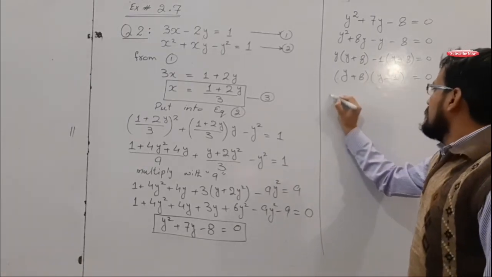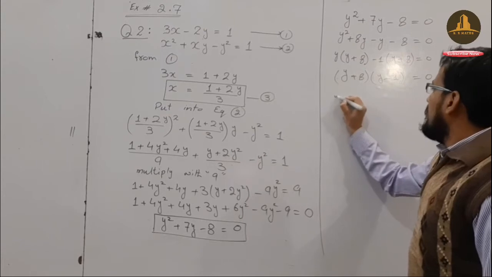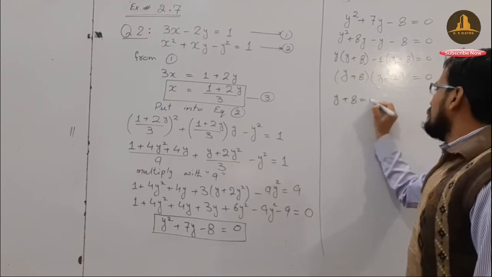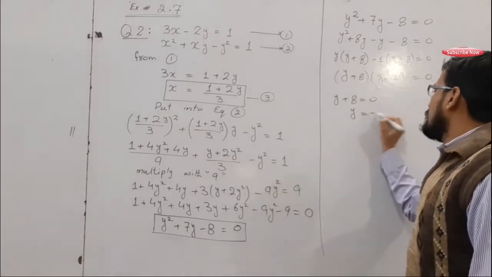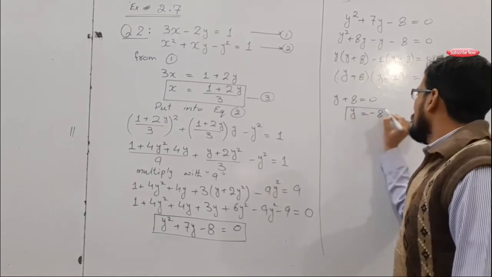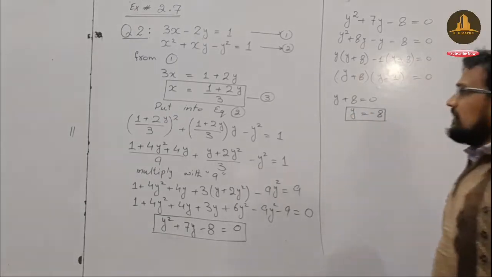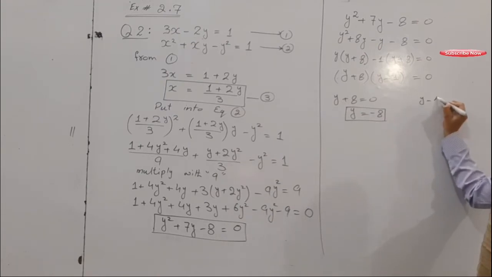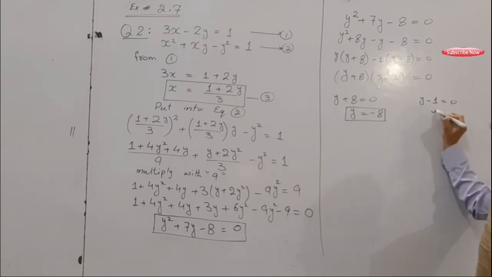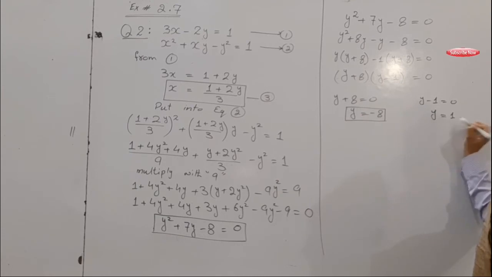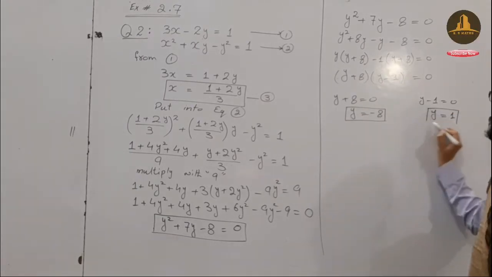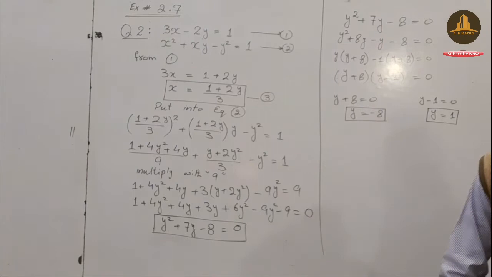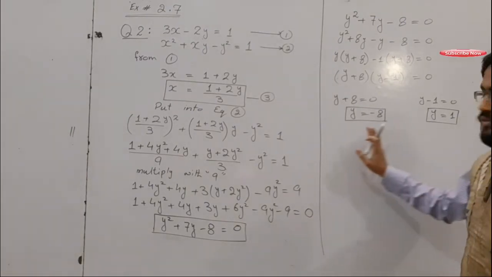It means separately, y plus 8 is equal to 0 means y is equal to minus 8, and y minus 1 equal to 0 means y is equal to 1. So these are two values of y.